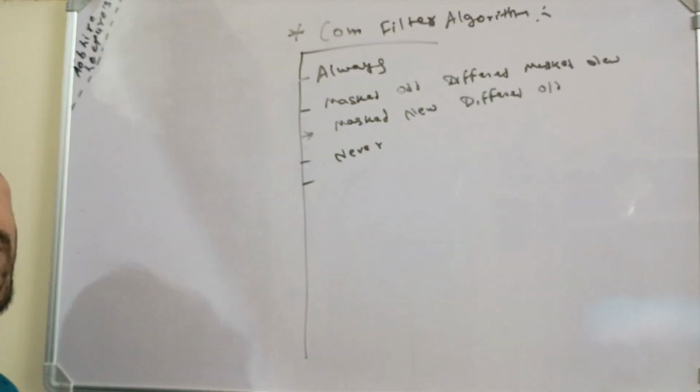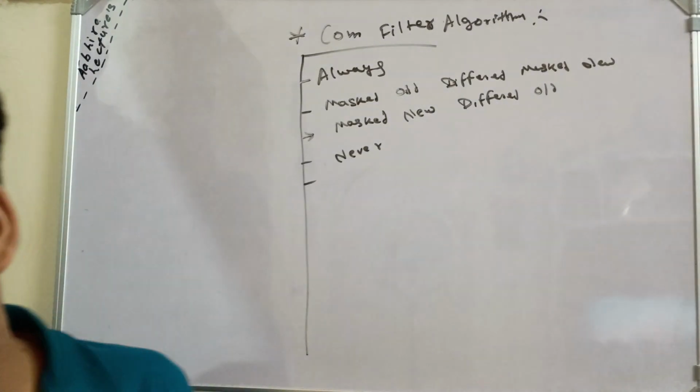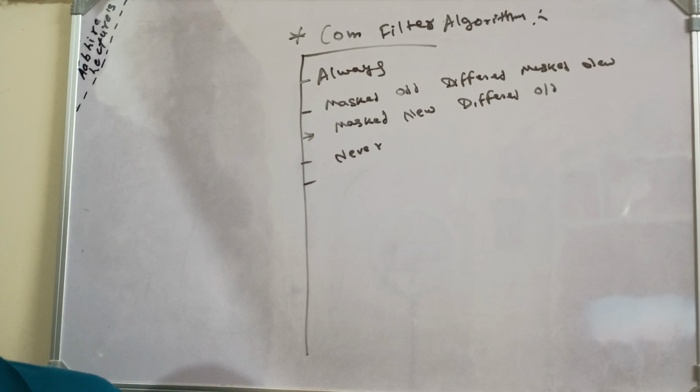So these are the parameters which we have to configure while doing the com filter. Where it will come? While we are doing signal data we have to configure it.